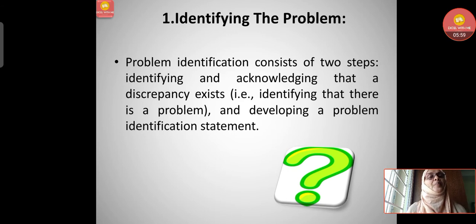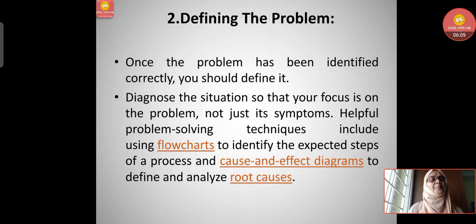Identifying that there is a problem and developing a problem identification statement. Then we will have the problem statement. For example, learners. If we take the learners, what are the causes why the learners are not able to achieve certain goals? That is, for example, to study the academic achievement of higher secondary school students.